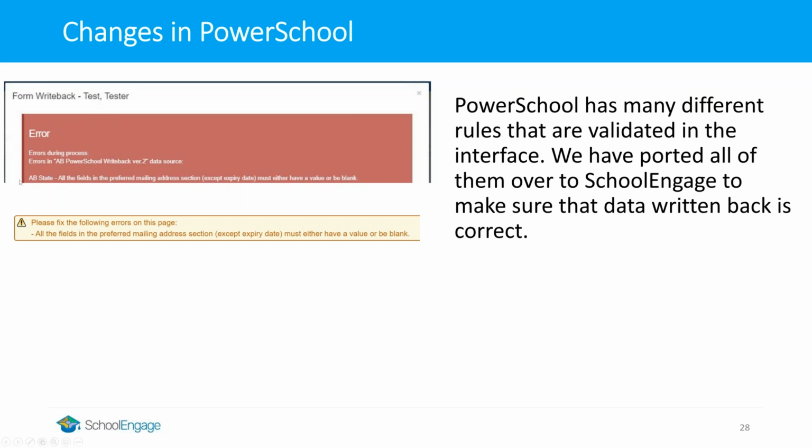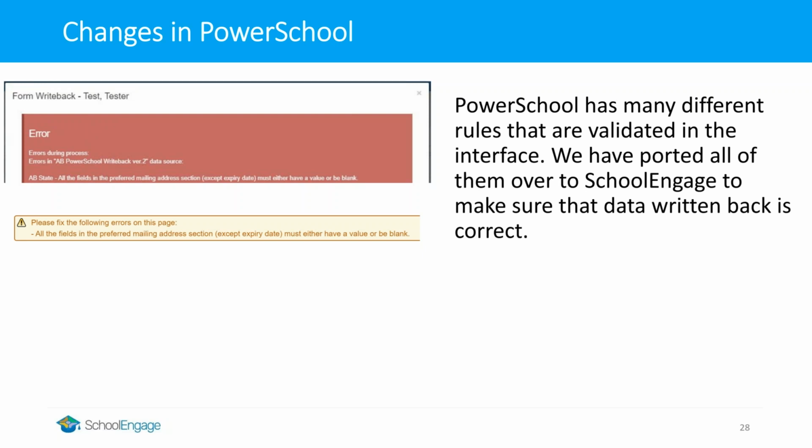For most of these PASI errors, they are the exact same message that's there, or in plain English, so that you can just read the error message, see exactly what's going on, and correct it. For any of the SchoolEngage district leads or people involved in form generation who are here, we actually display these errors in the form editor now too.